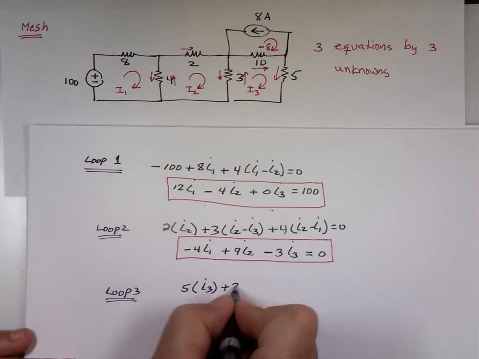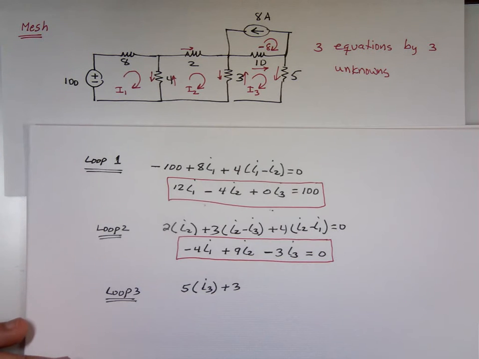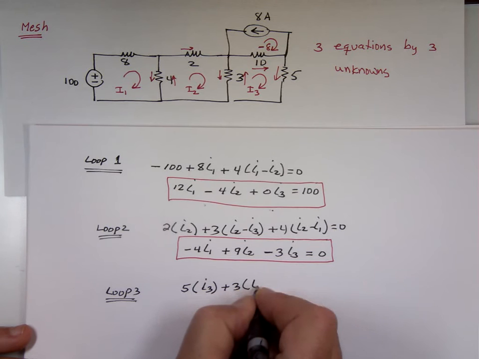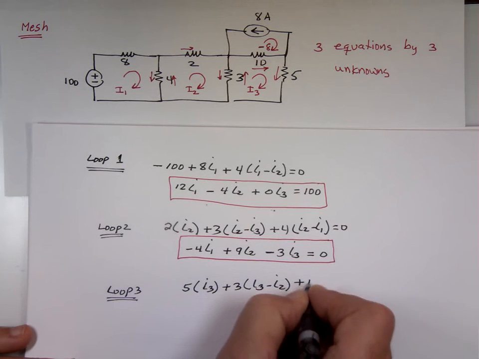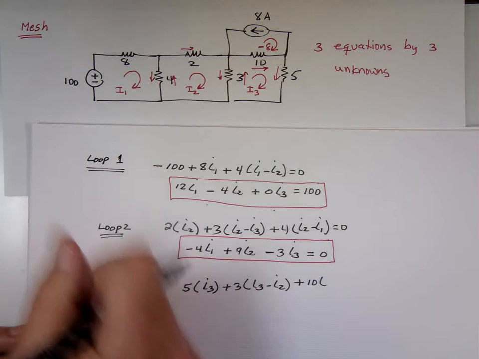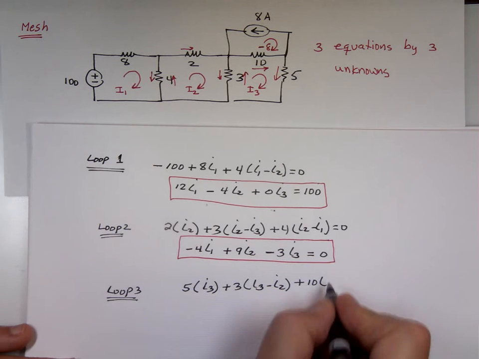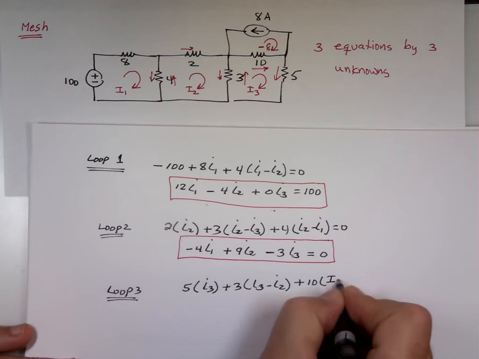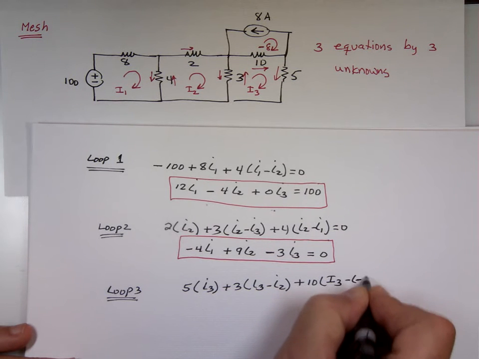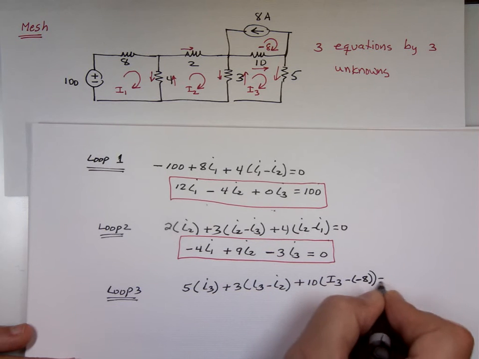Plus 3 times, what's the current up? I sub 3 minus I sub 2. Plus 10 times, what's the current to the right? I sub 3 plus 8. I sub 3 minus a negative 8, yes, which is plus 8, equals 0.